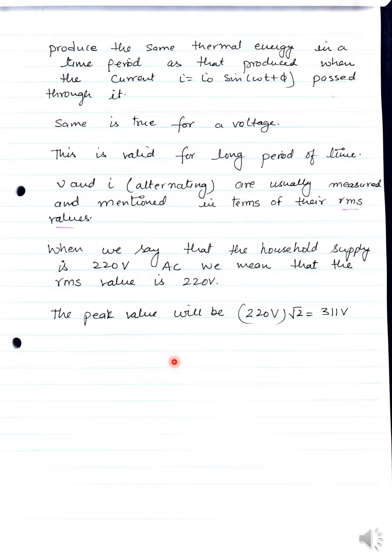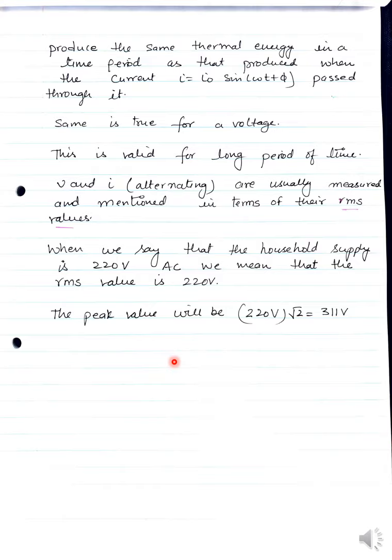Why I included this in our course is that I'm not sure how many of you know how to find RMS values when the peak value of a current or a voltage is given. You must know all these things before you solve any resonance circuit or any electrical circuit.